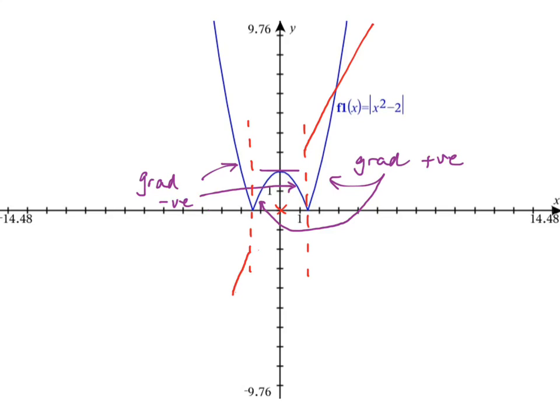So we've got to start doing positive gradient function values there, leading down to 0 where it crosses the y-axis, and then going negative in the other direction. So this is what happens.